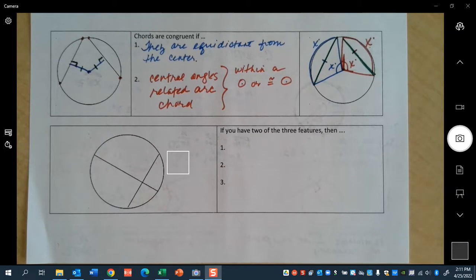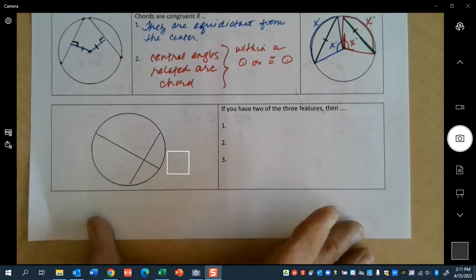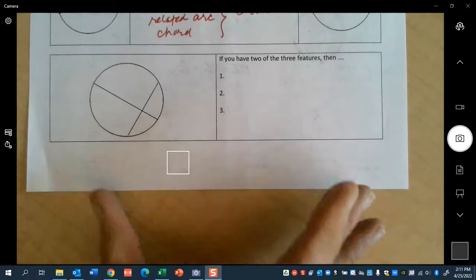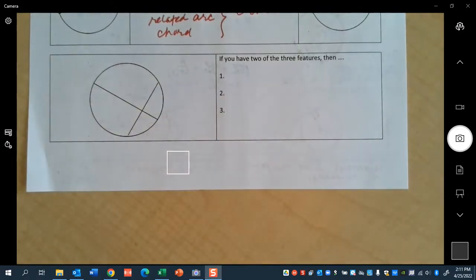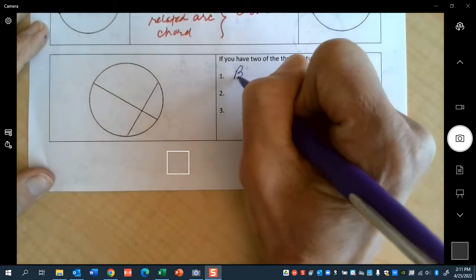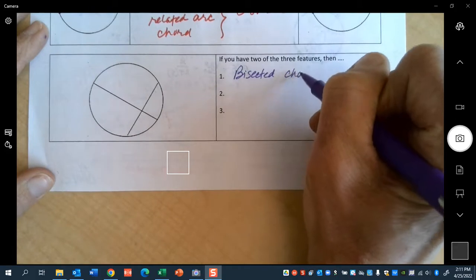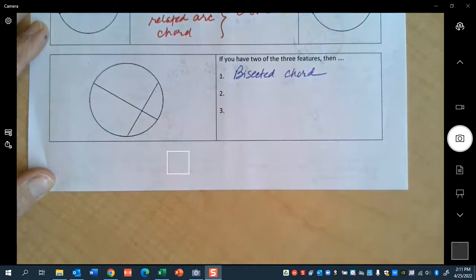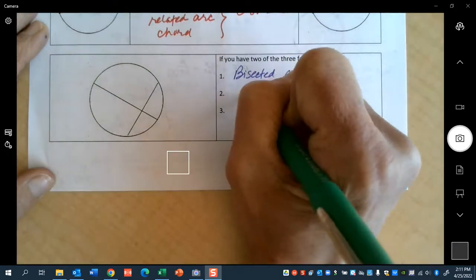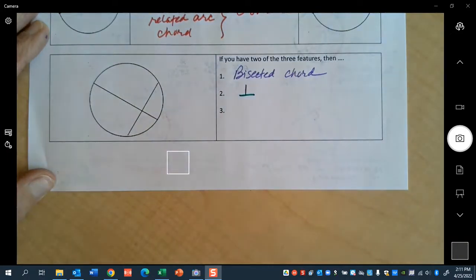All right, talk to me about saving me from an avalanche. Which of the three features are we talking about? Call them out. A bisected chord. Tell me more. Perpendicular relationship. One more.